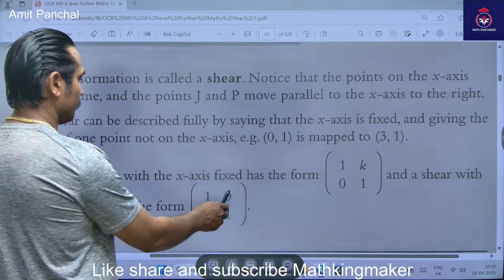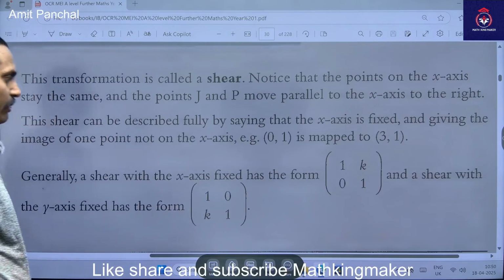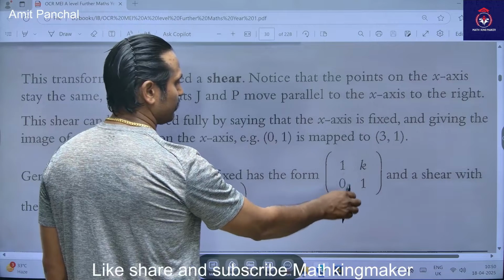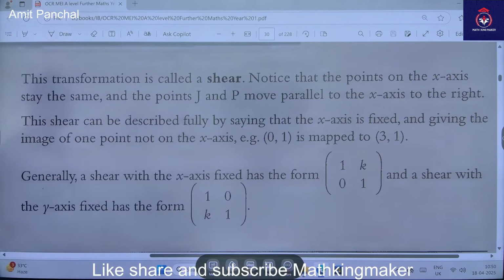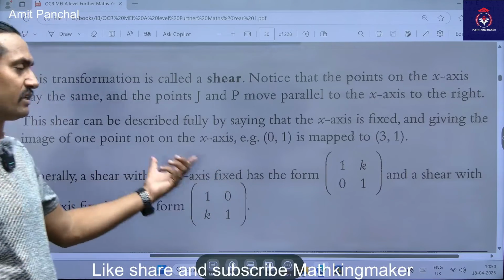Here, the x-axis is fixed, so your y part is 0. So a shear with the x-axis fixed means the x-axis will be fixed.